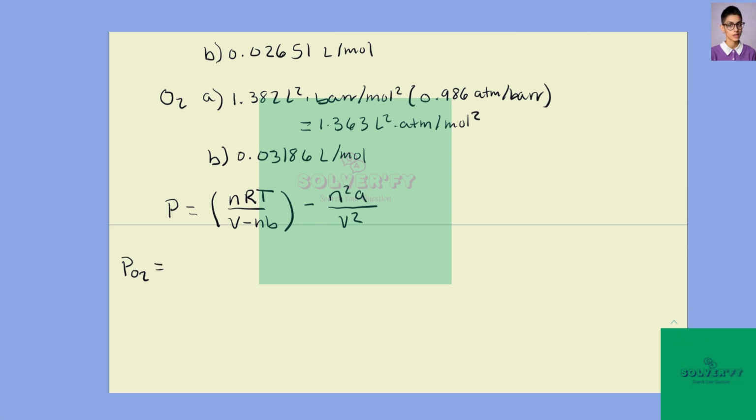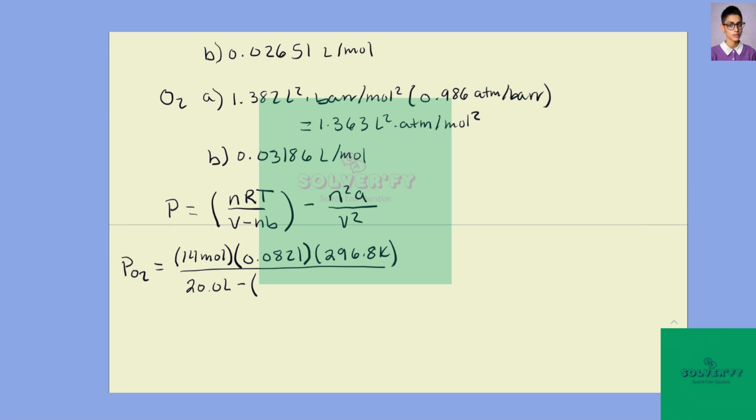So we're just going to take our number of moles, so 14 moles. We're going to times that by our R value, 0.0821. I'm just going to leave the units off just so that way I have enough room to write. And then times that by our temperature, which is 296.8 Kelvin. And then I'm just going to divide that by our 20 liters.